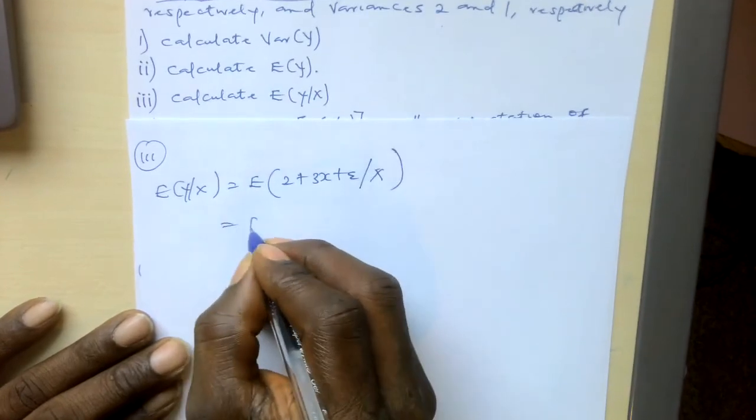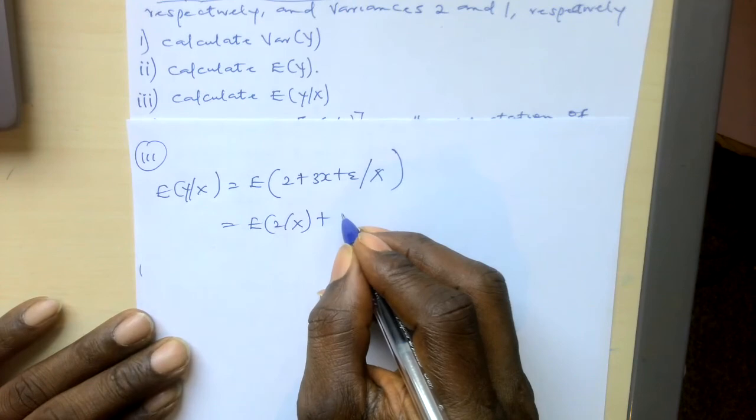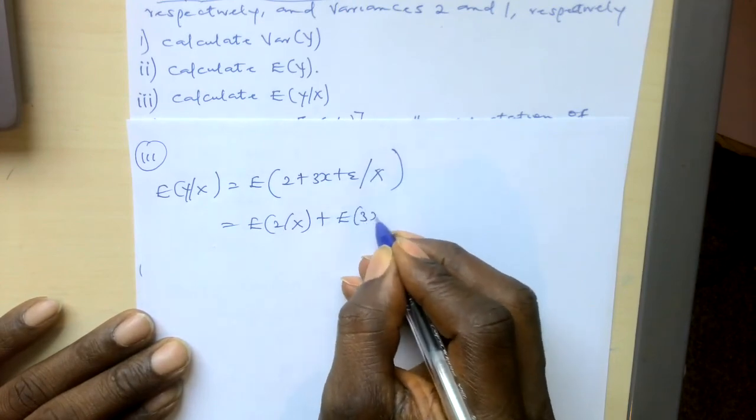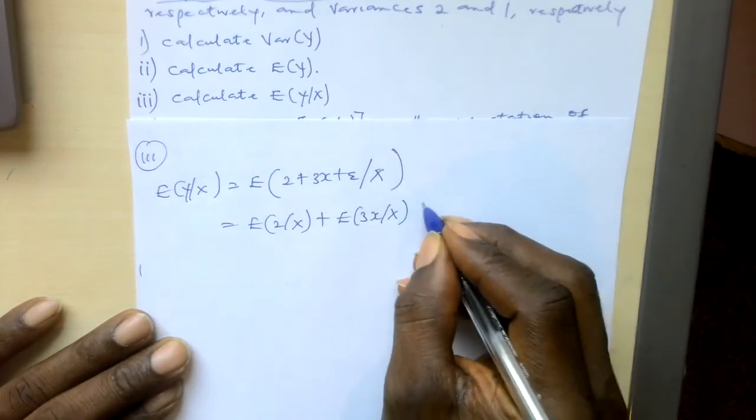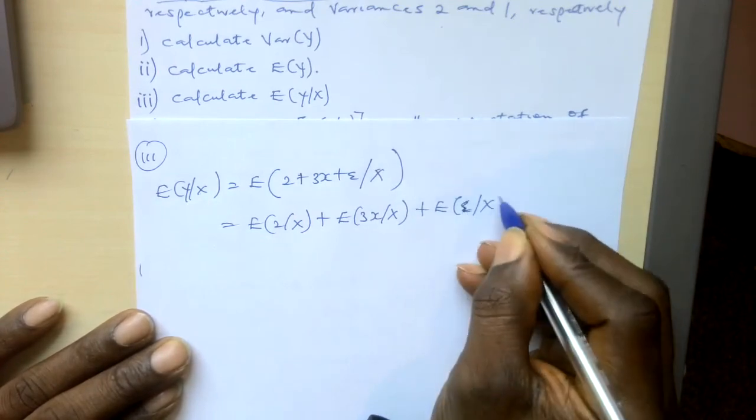So we have expected value of 2 given x, expected value of 3x given x, and expected value of error given x.